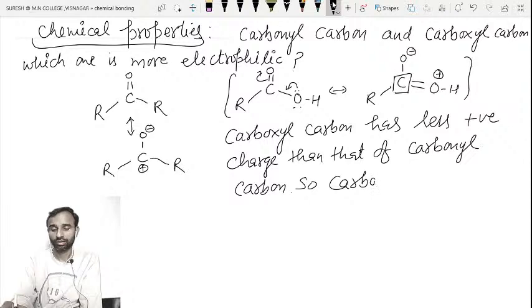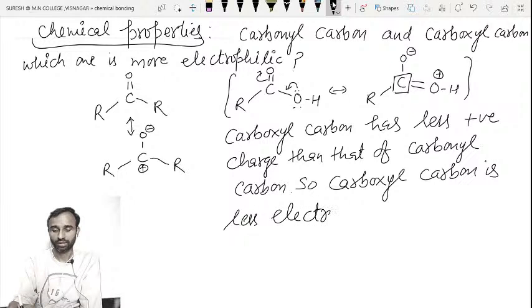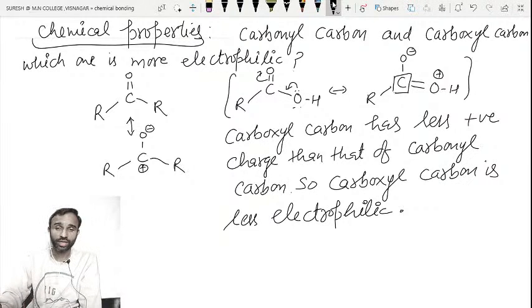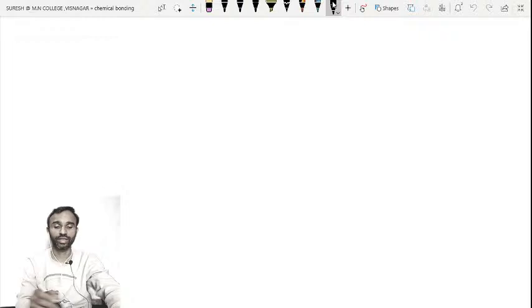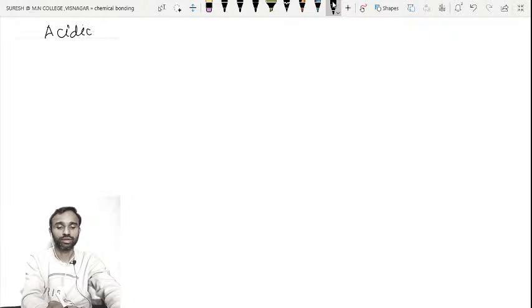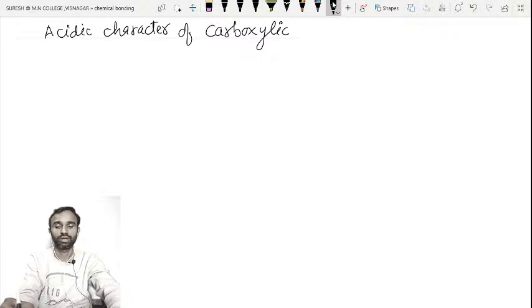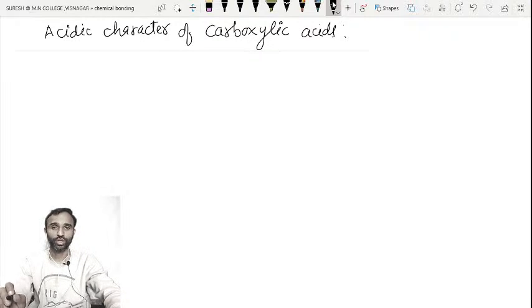So carboxyl carbon is less electrophilic, right? Second thing, acidic character of carboxylic acids, or reactions involving OH bond cleavage.